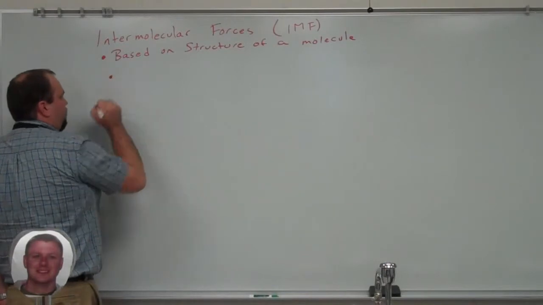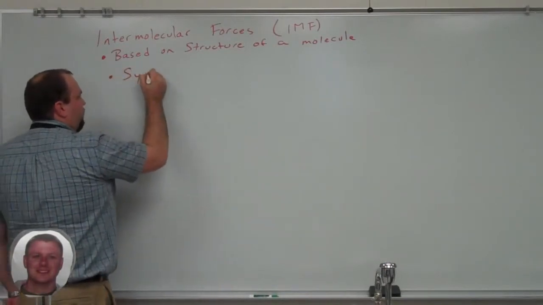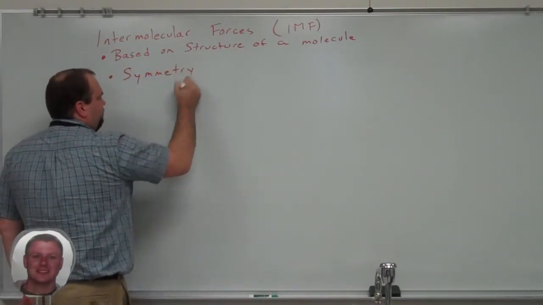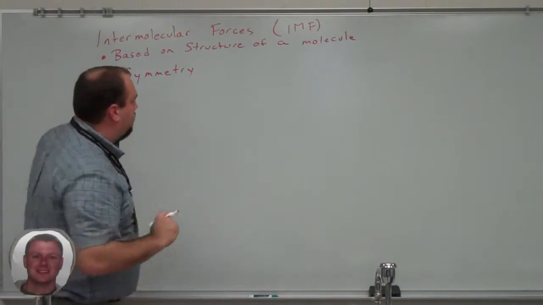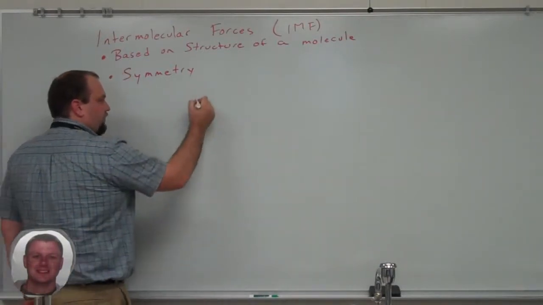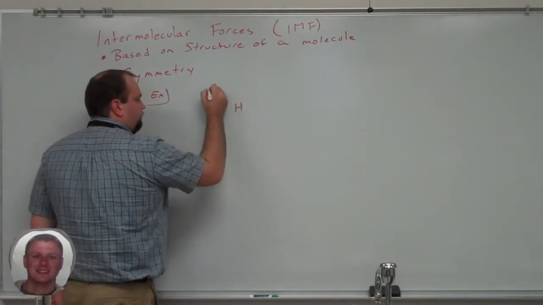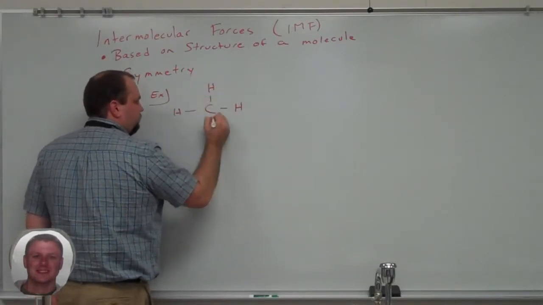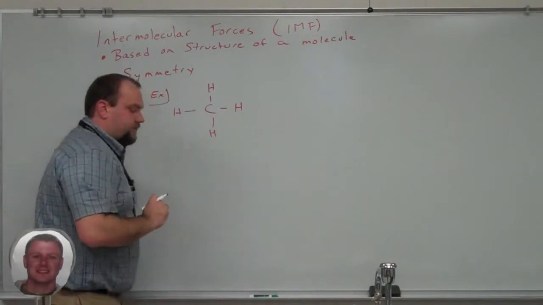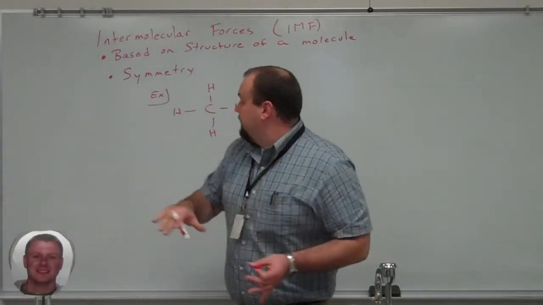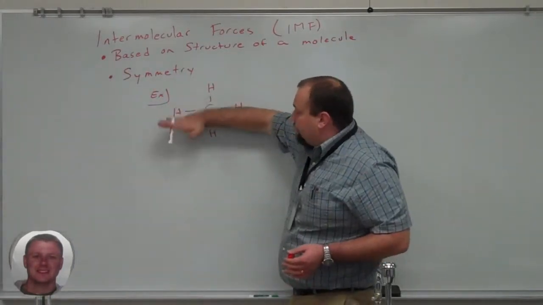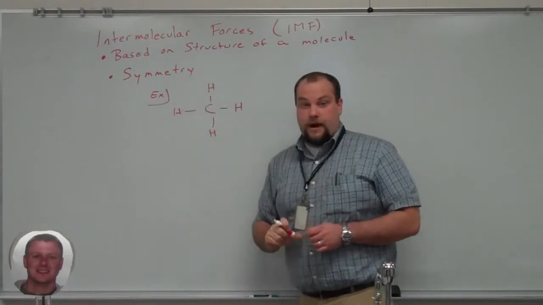When we're talking about the structure, one of the most important things we need to remember is symmetry. Symmetrical molecules, for example, CH4. CH4 is symmetrical, meaning it's the same top and bottom or left and right.